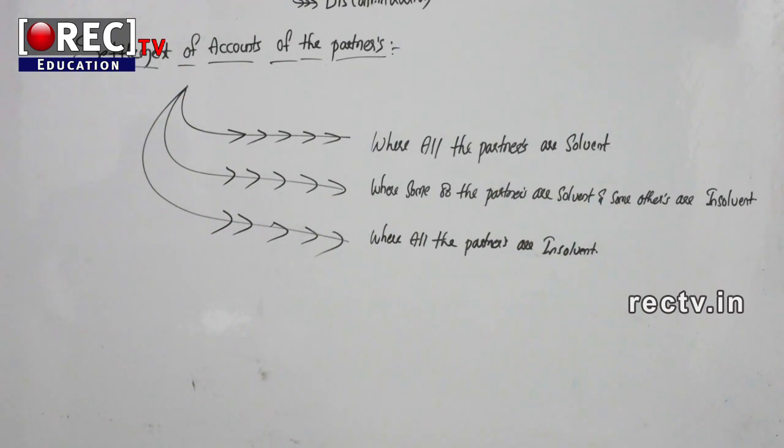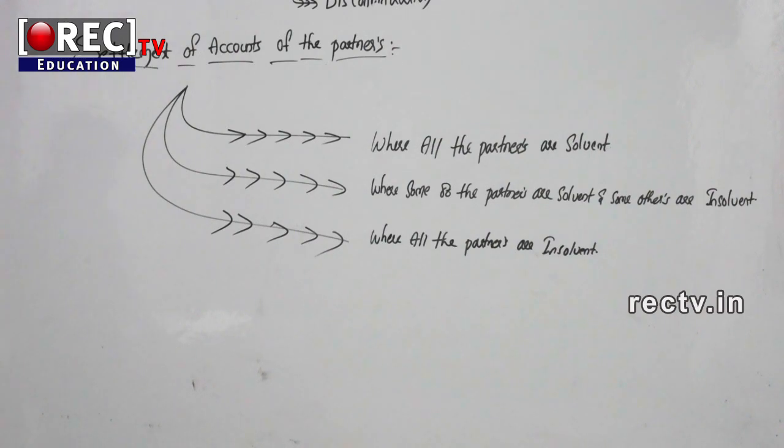The solvent partners should bear the loss arising due to the insolvency of the partner in the ratio of last agreed capitals. Before, we said in what ratio the deficiency of C should be shared by A and B. Here in the Garner v. Murray case, they should take this ratio as the last agreed capitals.